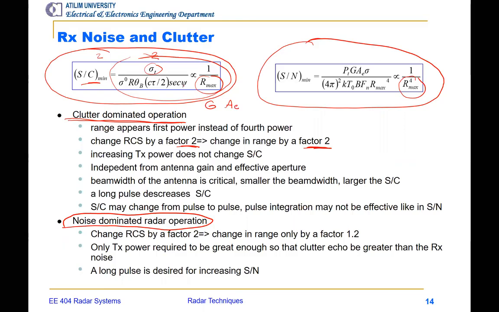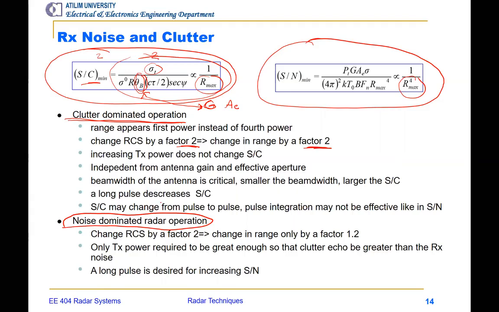But beam width of the antenna is critical. So theta B here is critical. So somehow this is related to the gain, but not directly, because we may talk about two different beam widths, and the gain is dependent on the two. So for this equation, we talk about only beam width, not gain.